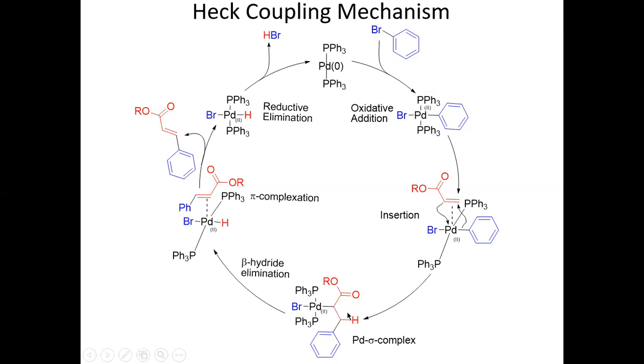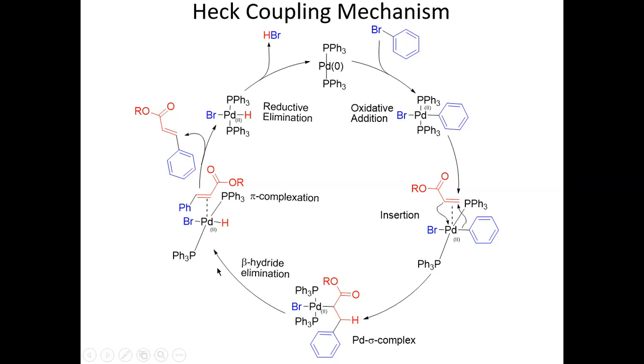This is the beta hydrogen right here, and beta hydride elimination is a well-known organometallic observation, right? If you have a metal adjacent to a carbon that has a proton on it, beta hydride elimination is a readily accessible reaction that happens, right?